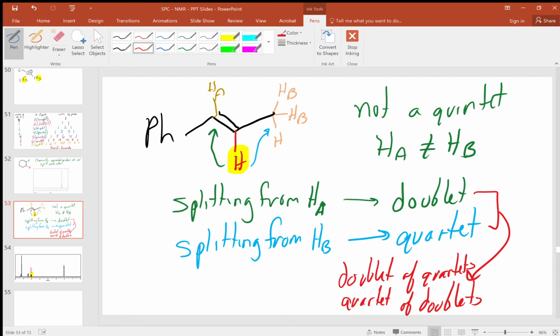How many peaks is that? Well, 2 from the doublet times 4 from the quartet is a total of 8 peaks. Would you be able to predict if it's a doublet of quartets or a quartet of doublets? In general, no. That's something that's fairly complicated to predict and not something I will expect you to do in this course.